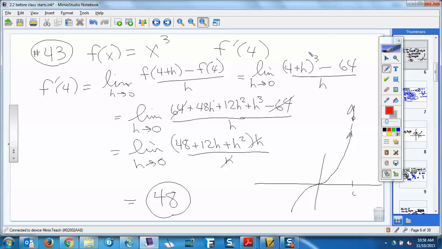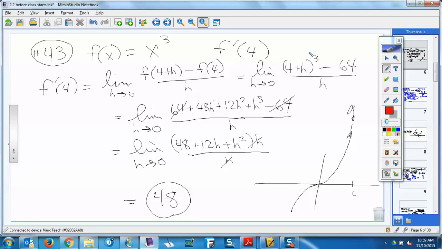Why? Because what do we do? We do 4 plus h, and then what do we do with that 4 plus h? We plug it into the function for the x. So think about that. The 4 plus h goes in where the x was, right? Let me say that again. The 4 plus h is going to go in place of the x.